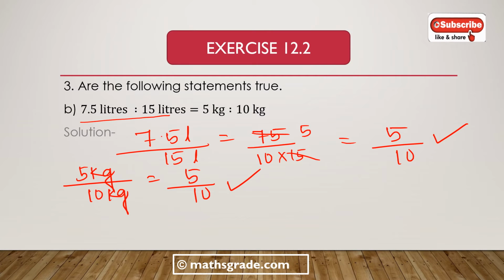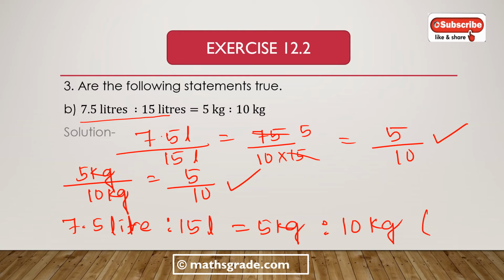So 7.5 liters is to 15 liters is equal to 5 kg is to 10 kg. This is true.